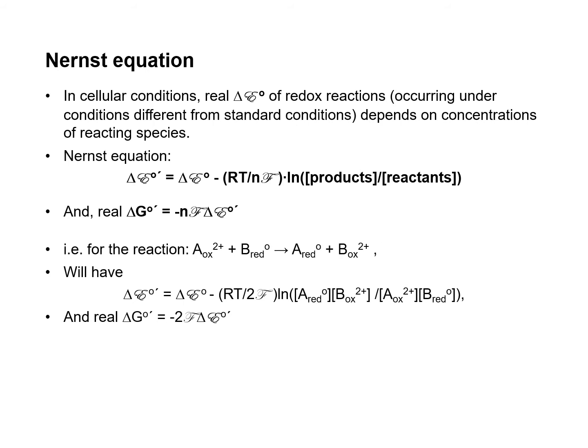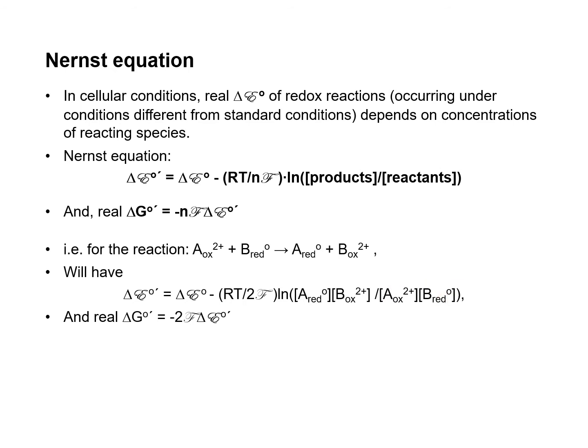So let's consider the reaction here: oxidized A and reduced B reacting to get reduced A and oxidized B. In the redox reaction, the delta E naught prime will be delta E naught minus RT divided by nF, where 2 electrons are transferred between reactants, so n will be 2, with the Faraday constant, multiplied by ln of the concentration of all the products divided by the concentration of all the reactants.